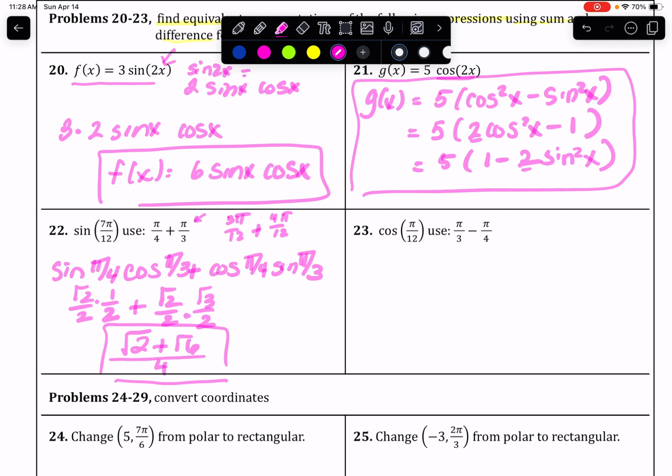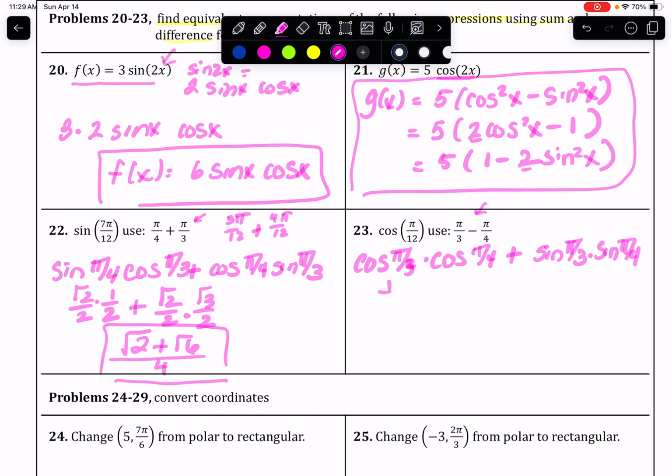All right, next one, we have cosine, and we're subtracting, which if you remember, this is when you add with the cosine difference identity. So this would be cosine of pi over 3 times cosine of pi over 4 plus sine of pi over 3 times sine of pi over 4, using that identity.